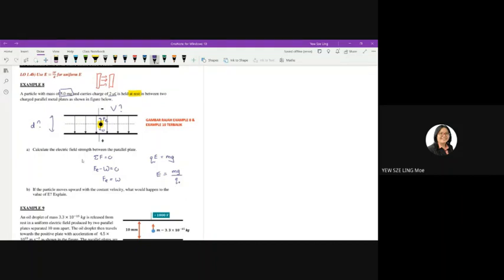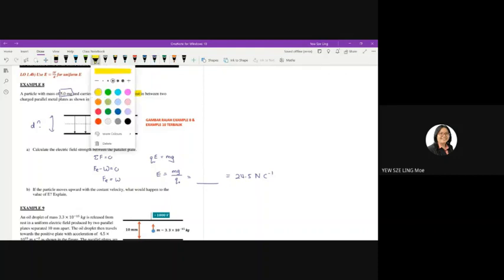Right, so from here you can determine the value of the electric field, which is equal to 24.5 N C^-1. Make sure the mass is in SI unit.